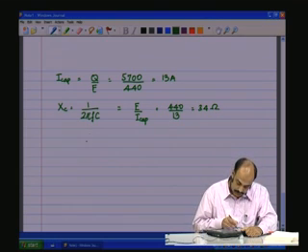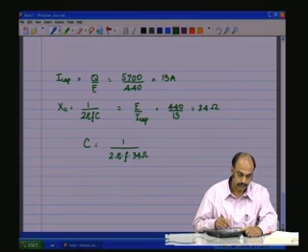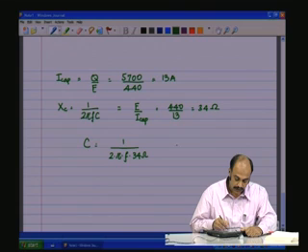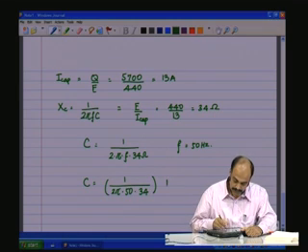So therefore C is equal to 1 divided by 2 pi F into 34 ohms. So if F were 50 hertz, then C is equal to 1 by 2 pi into 50 into 34 farads.